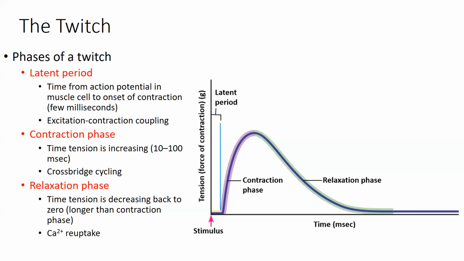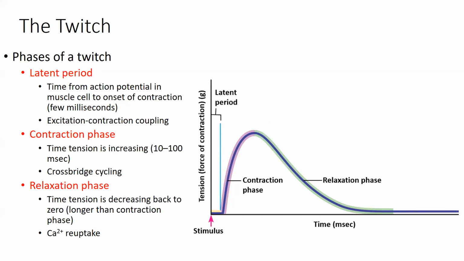Then you will see that the force generated will rise very quickly. That's the second phase. This is the contraction phase of muscle. Okay. This can be anywhere from 10 to 100 milliseconds, depending on the location of the muscle and the type of fibers. We're going to look at fiber types later on, but the type of fibers present in that muscle.